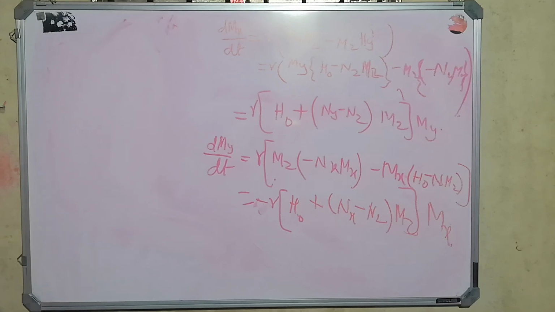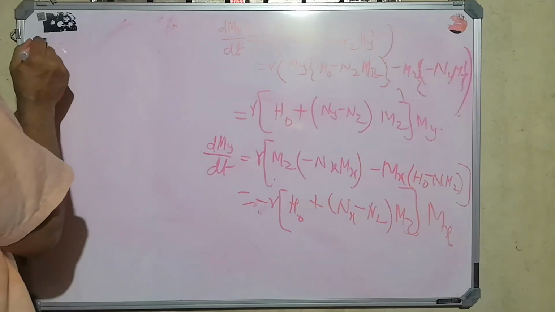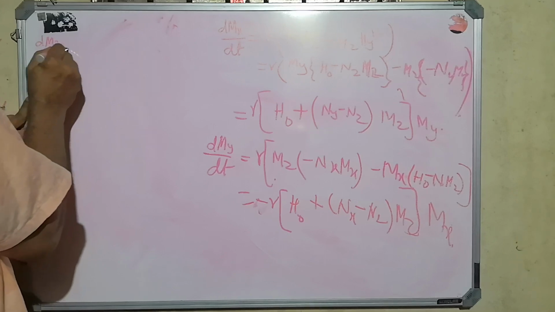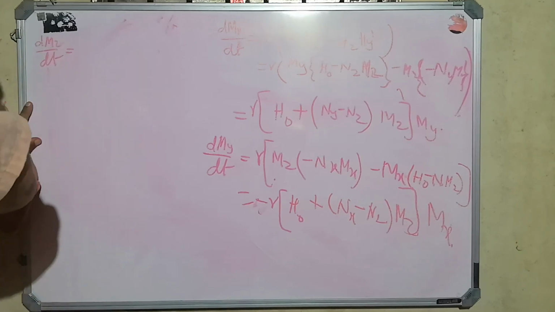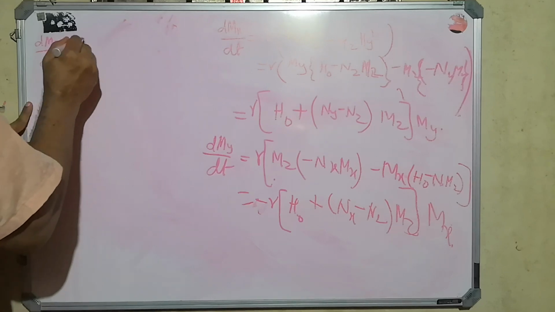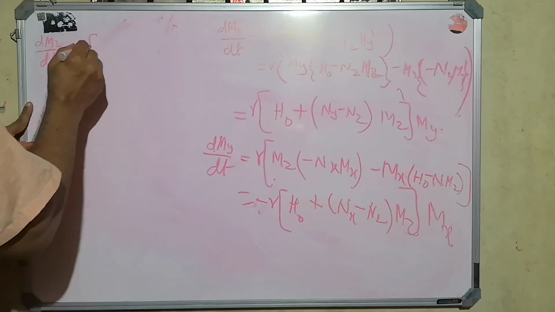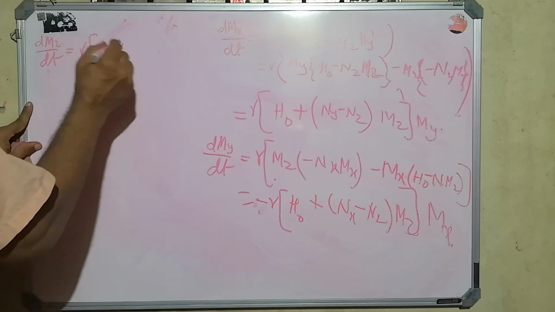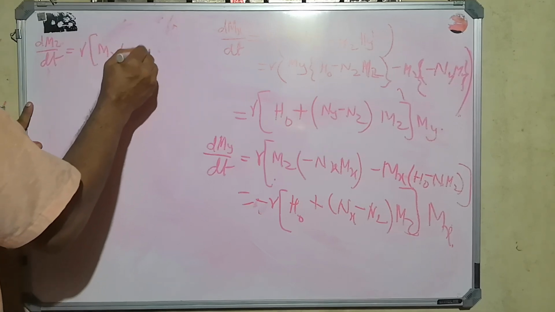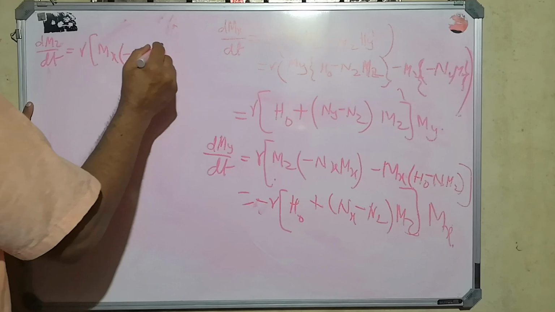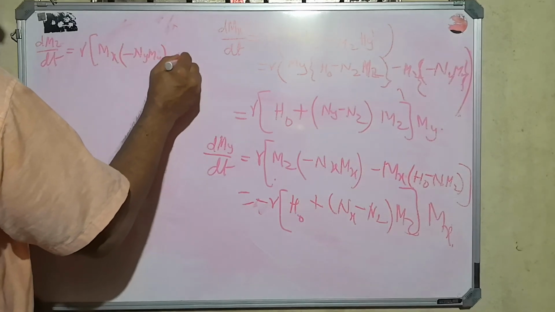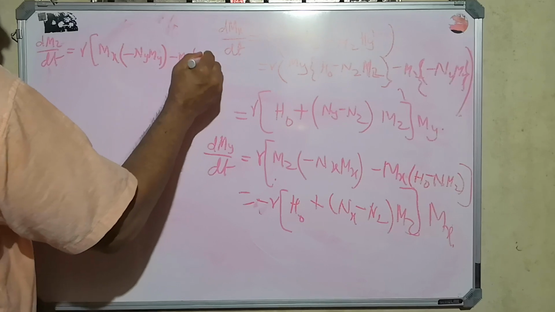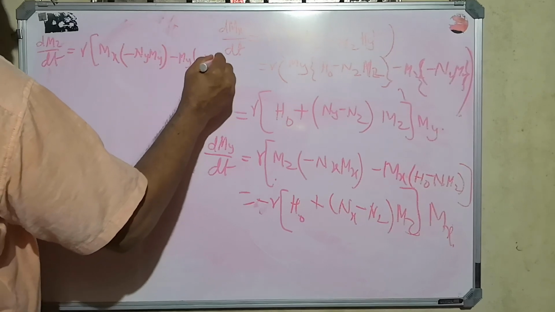So similarly, you can get the expression for dmz by dt. This is equal to gamma into mx into hyi. Hyi is minus ny my, minus my into hxi, that is nx mx.